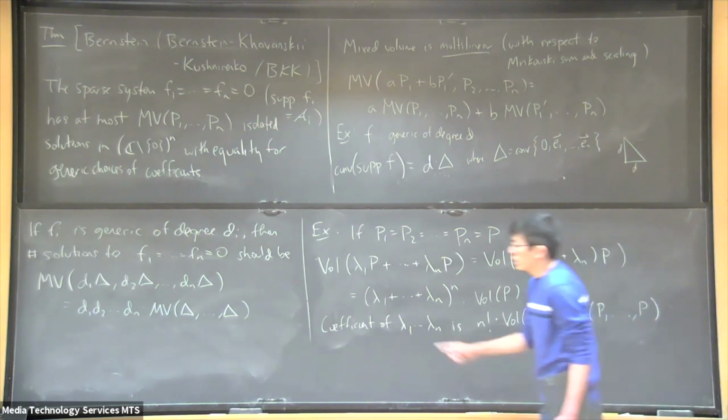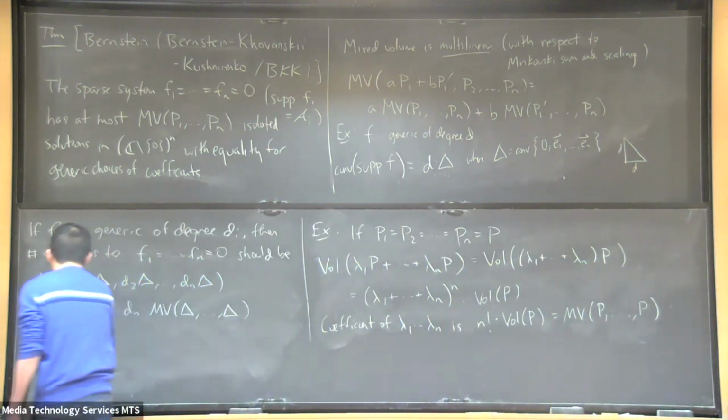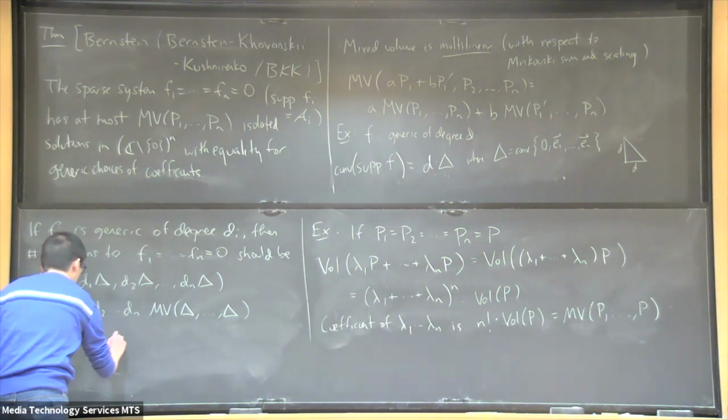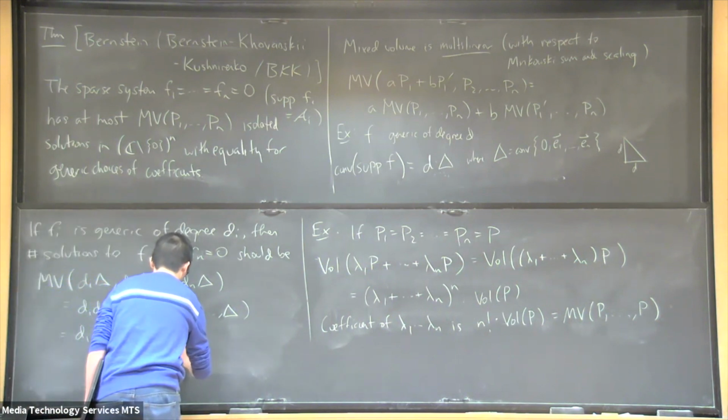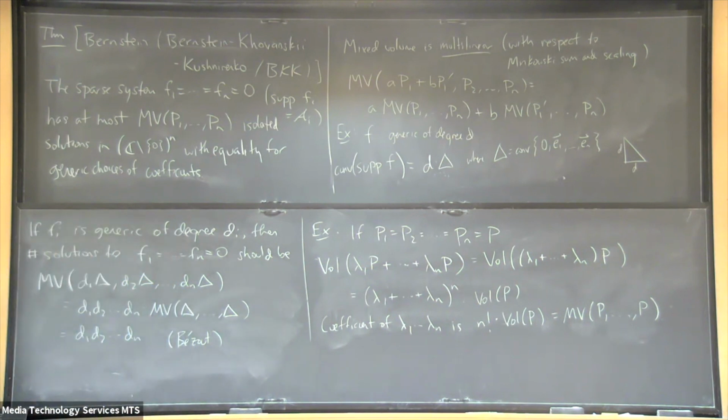So this will just be the product of the degrees, which is exactly what we would expect from Bézout's theorem. So you can think of Bernstein's theorem as giving you a generalization of Bézout's theorem, and it gives you exactly the same bound in the case where you have generic polynomials of fixed degrees.